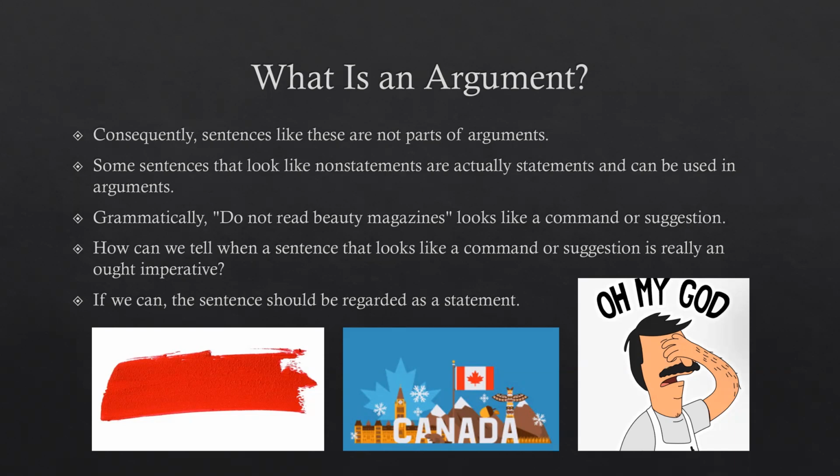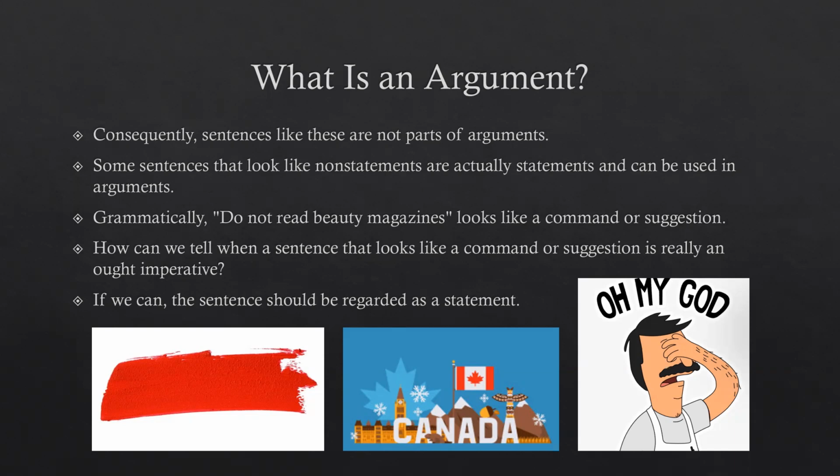Some sentences that look like non-statements are actually statements and can be used in arguments. For example, "Elisa, you should quit smoking" and "Do not read beauty magazines." These examples demonstrate that a rhetorical question can be understood as a statement, while an oath imperative is a sentence that has the form of an imperative or command, but is intended to assert a value judgment about what is good or bad or right or wrong.